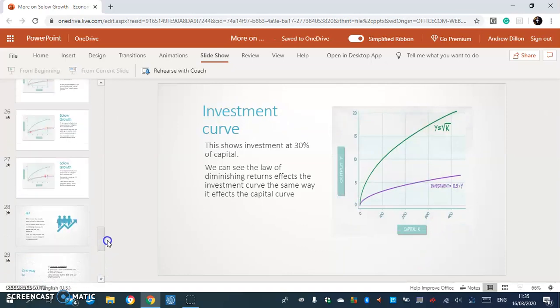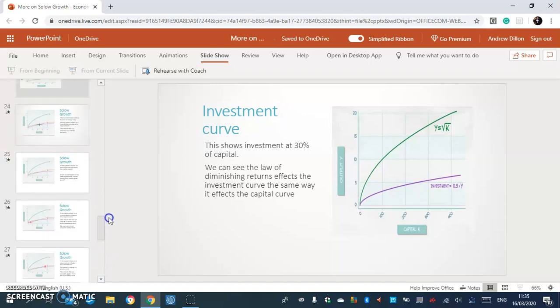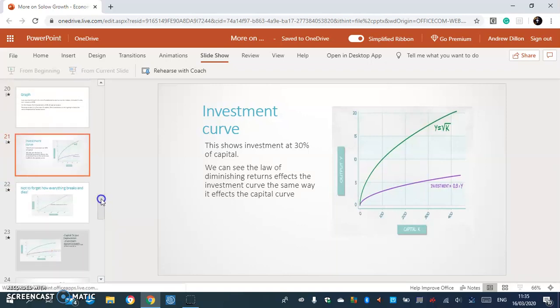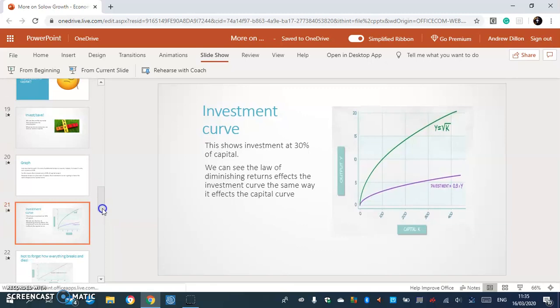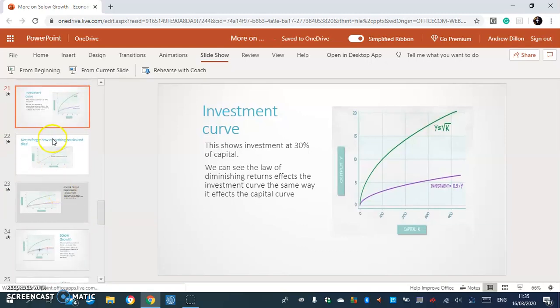Now before I finish this off, I want to check each of the slides I presented for their balance. Let's start with the investment curve slide.